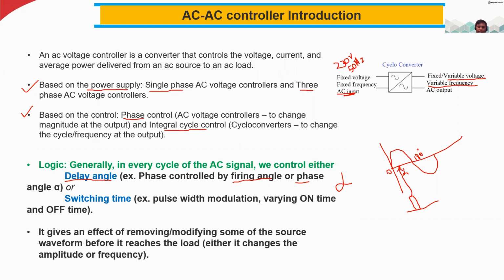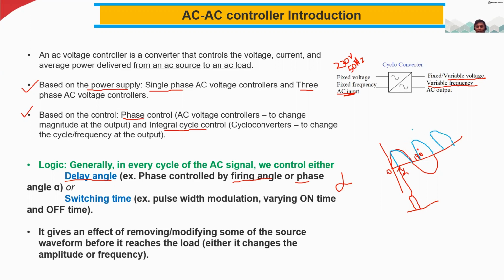It means I turn on the gate, then the SCR starts to conduct. So this is the input voltage I apply, but the output voltage only starts from here. That is the phase angle or delay angle. So we are making some delay. Same like this, you will have several such pulses.